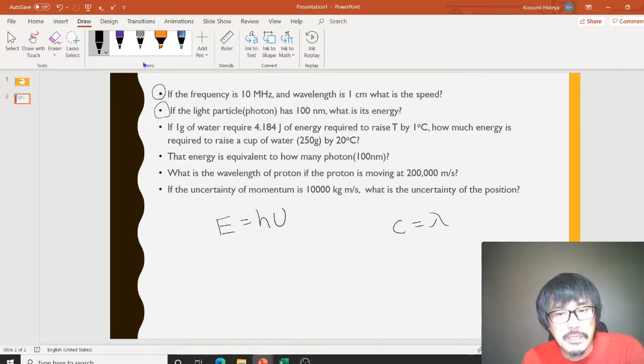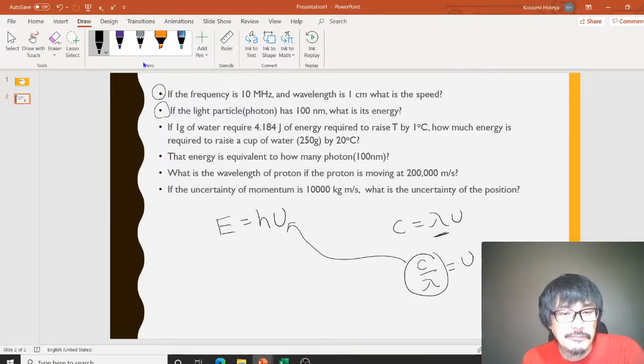So we can always use this relationship. I don't have the frequency, but I do have the wavelength, right? So I can actually rearrange this formula and plug the whole thing into here.